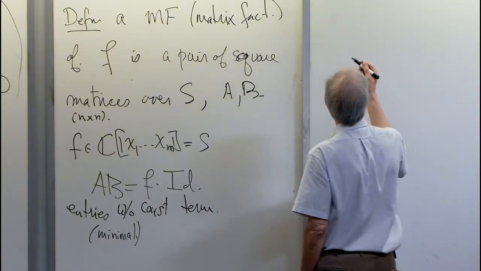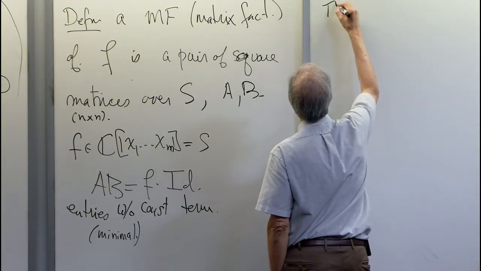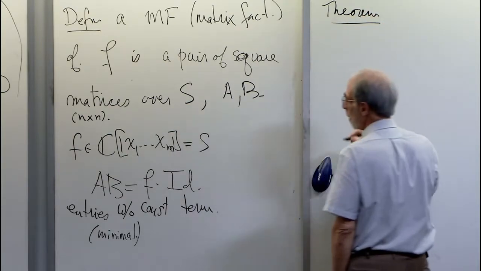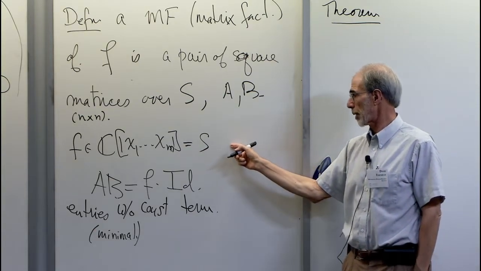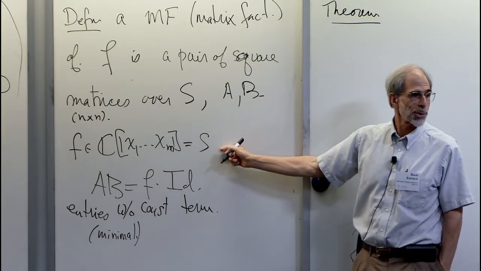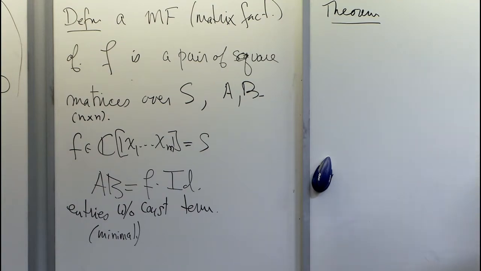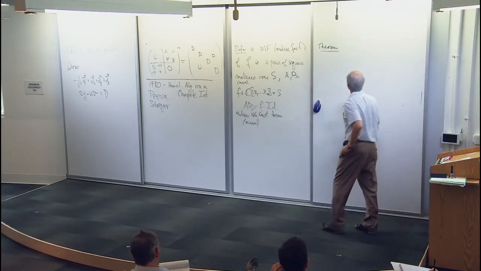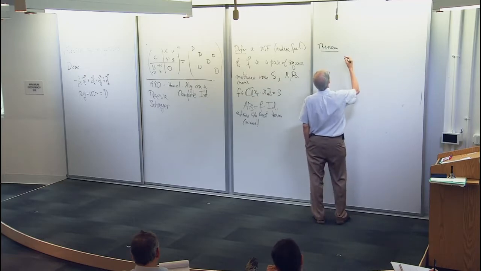And the theorem, easy theorem, which I'm going to prove for you, which I observed back in the 70s, is that there exist non-trivial matrix factorizations for all other power series. Any power series without a linear leading term. So if you take a power series, no constant term either, power series vanishing to order 2 or more, or in more algebraic geometry language, a singular power series, then there's always a matrix factorization, and often lots of them.